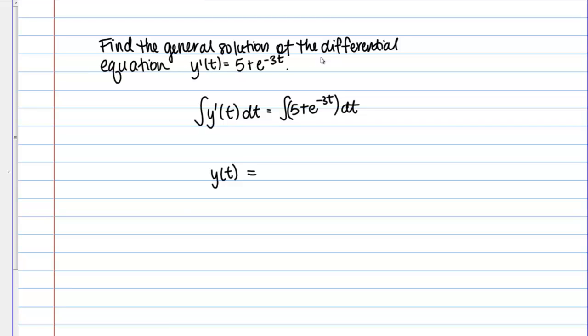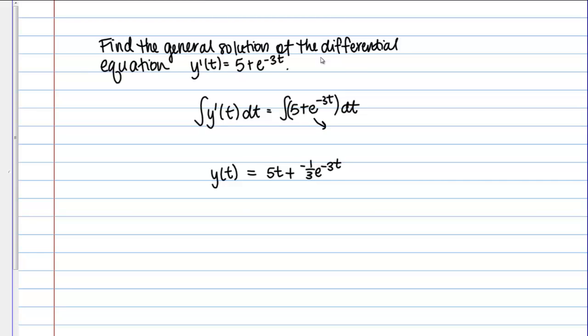5 plus e to the negative 3t. So here's where you're going to have to remember your rules of integration. So if I integrate 5, I should get 5t, plus, if I integrate e to the negative 3t, I should get negative 1/3 e to the negative 3t. So how did I know that? Well, there's a few different ways. One, you may have just memorized a formula for things of the form e to the at power.